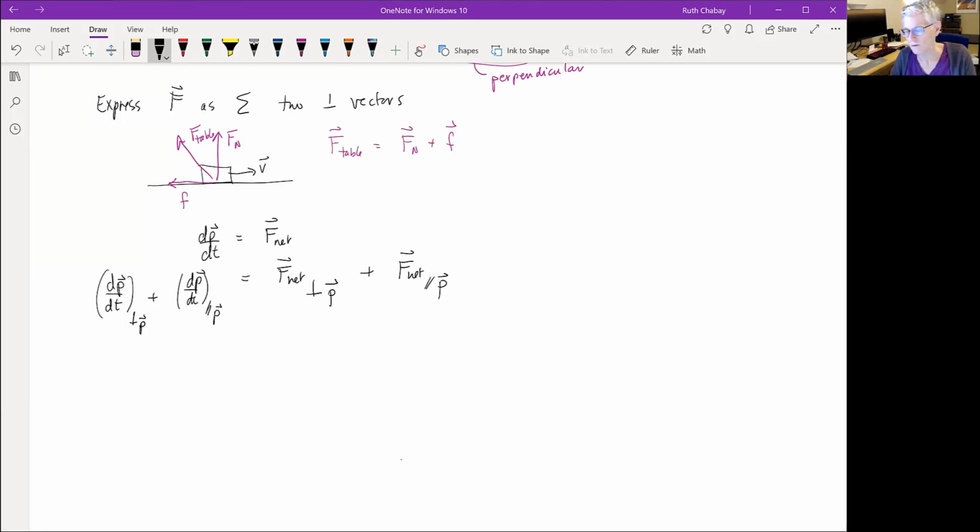Now remember that momentum and rate of change of momentum can be in very different directions. So we saw with the spacecraft example that when the spacecraft was here with momentum there, we found that dp/dt was actually in that direction. So these two things, that's the rate of change of a quantity and the quantity, are not the same thing.